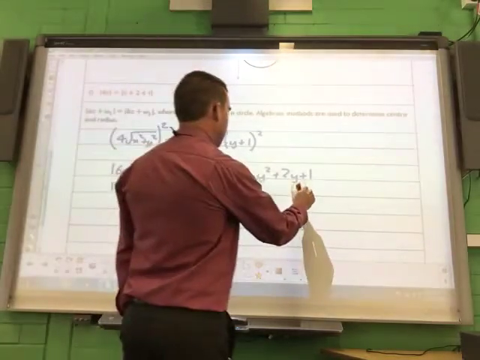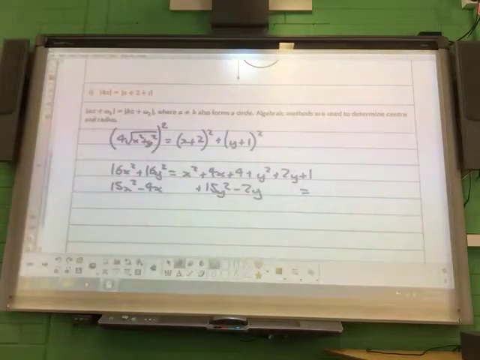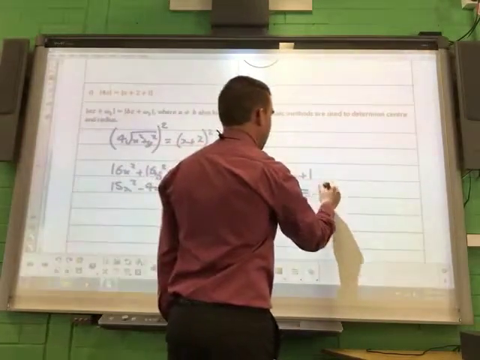And just to make things a bit easier for myself, any constant numbers are going to stay on the right-hand side. So 4 plus 1 is 5.